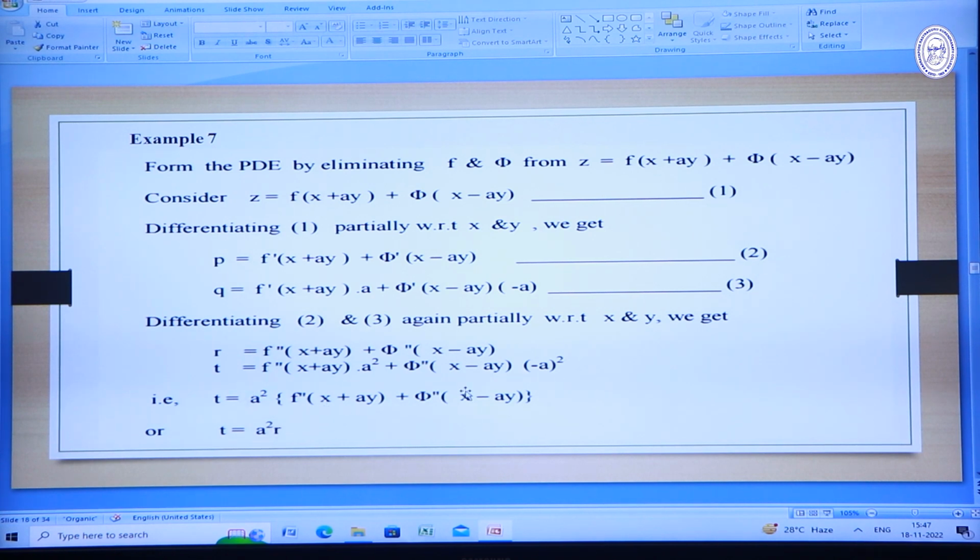This is the partial differential equation of the given equation z.